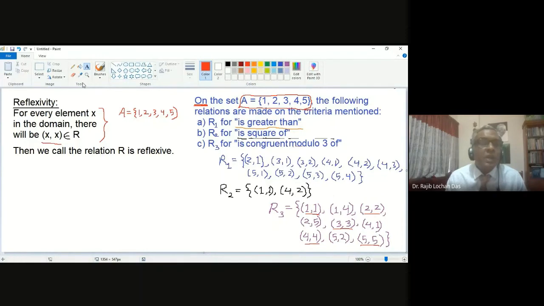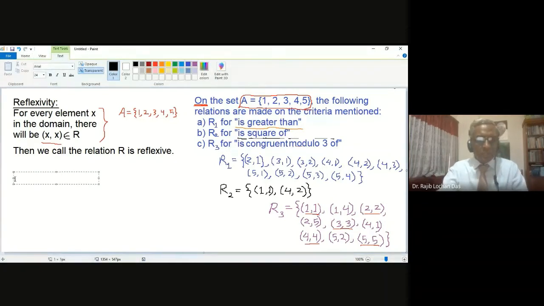If you have 5 elements in the domain, you need 5 pairs, every single pair. So in this case, only R3 is reflexive. Let me write the symmetric property quickly, and maybe I will describe this again.